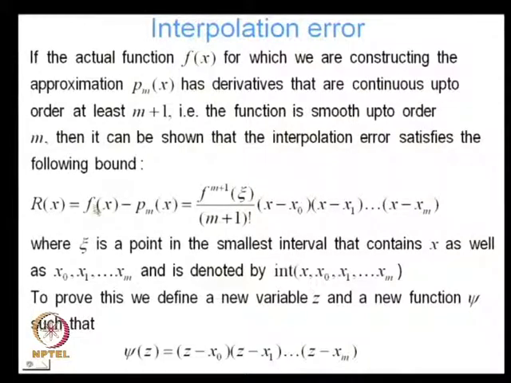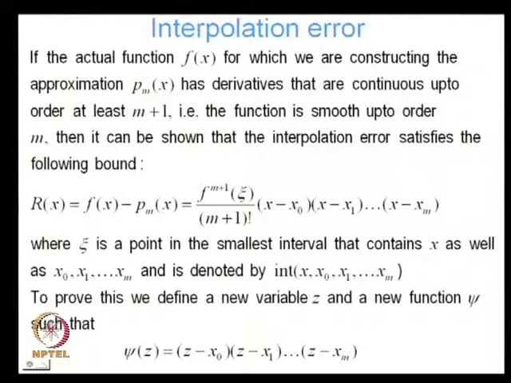So this is the error due to my approximating f of x with the polynomial Pm of x, and this is evaluated at a point. This is equal to f to the m plus 1 derivative, the m plus 1th derivative of f, evaluated at a point xi, and the point xi lies within the interval which contains all my points x0, x1, through xm, as well as x.